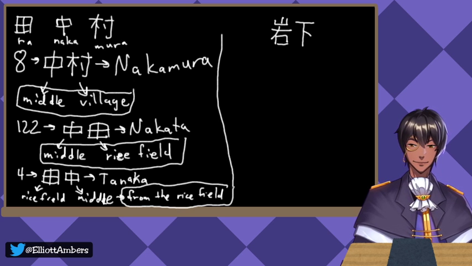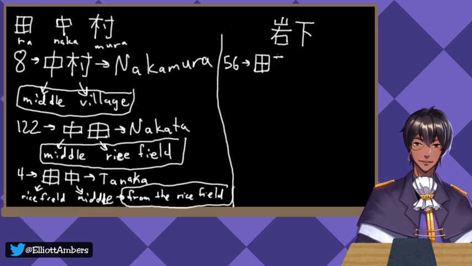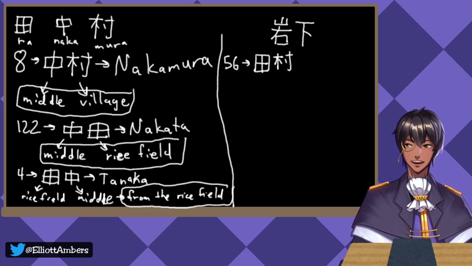Let me separate this. 56 is a number we'll use here. This is going to be Ta. I think it's interesting personally how just swapping around the words they use really changes up the entire meaning of the name.